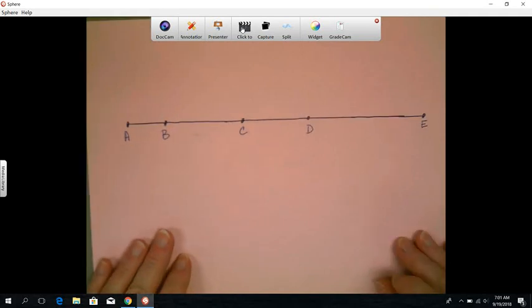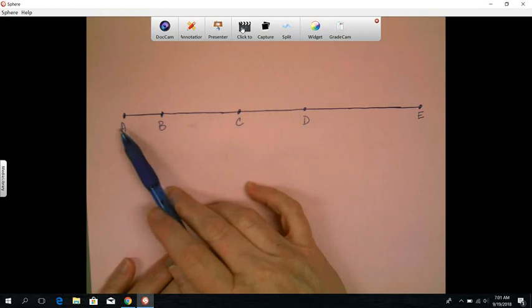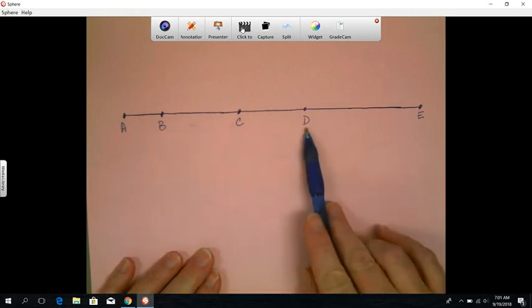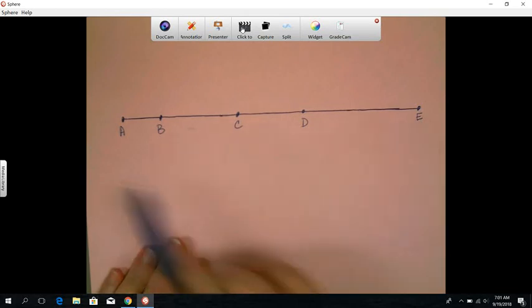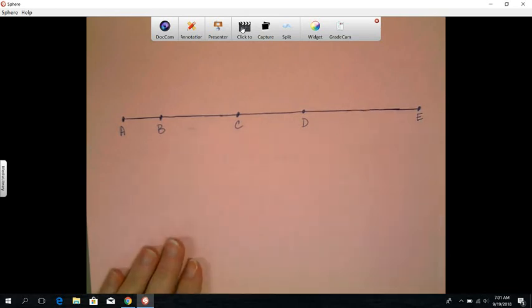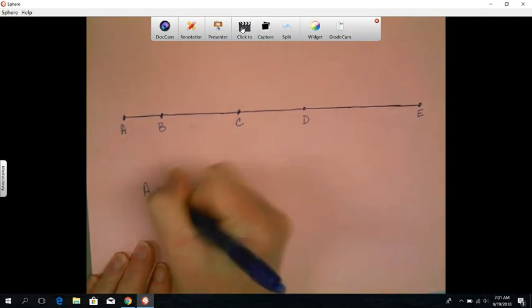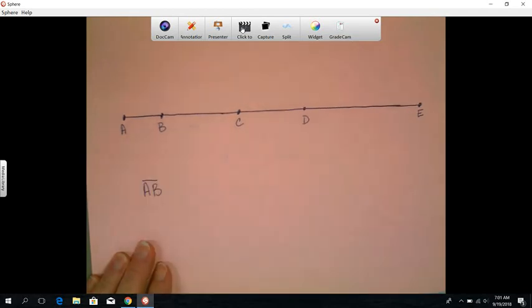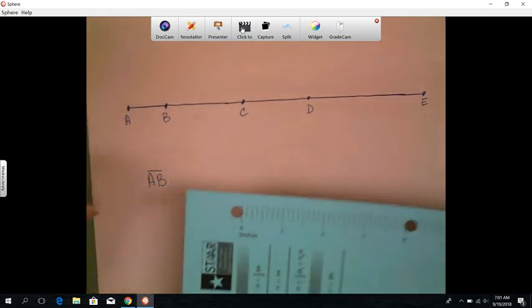So I've got a line here. In fact, I have markings on this line. I have A, B, C, D, E, all on one line. That means I can find the length of different line segments that are a part of this. So I could find the length of A, B, which means that I am going to measure between A and B so that I know how long that is.